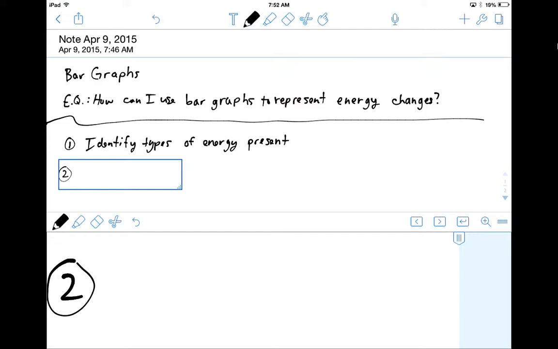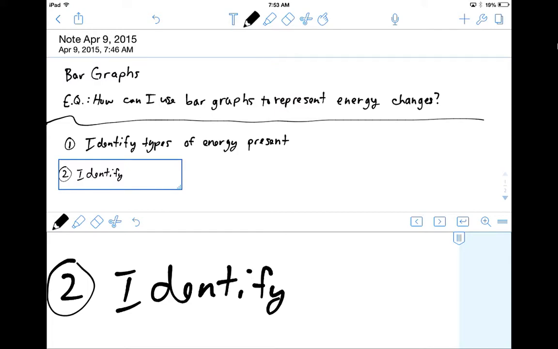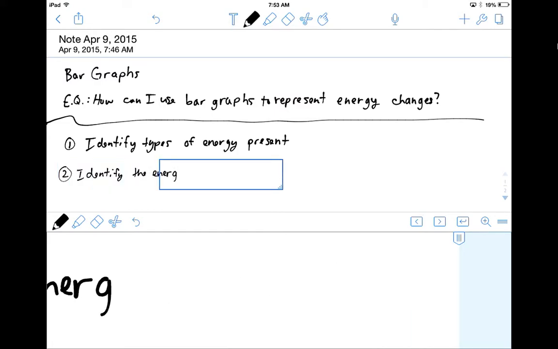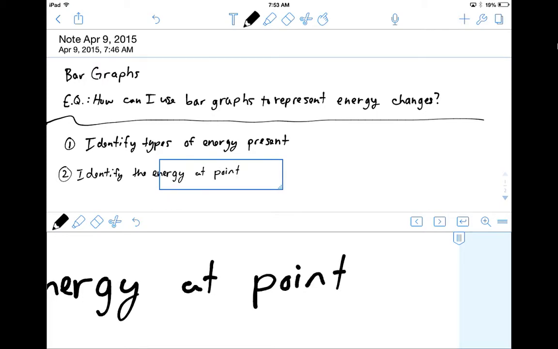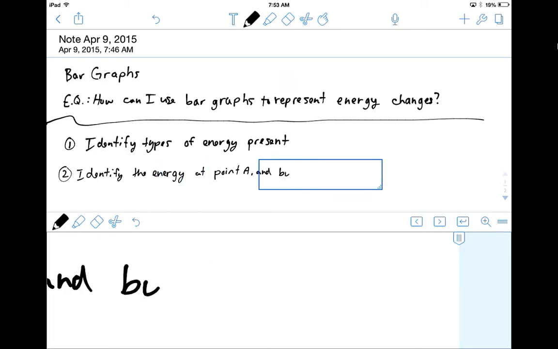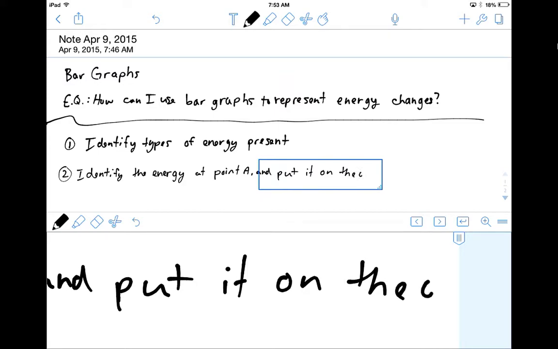Step two is going to be identify the energy at point A and put it on the graph.